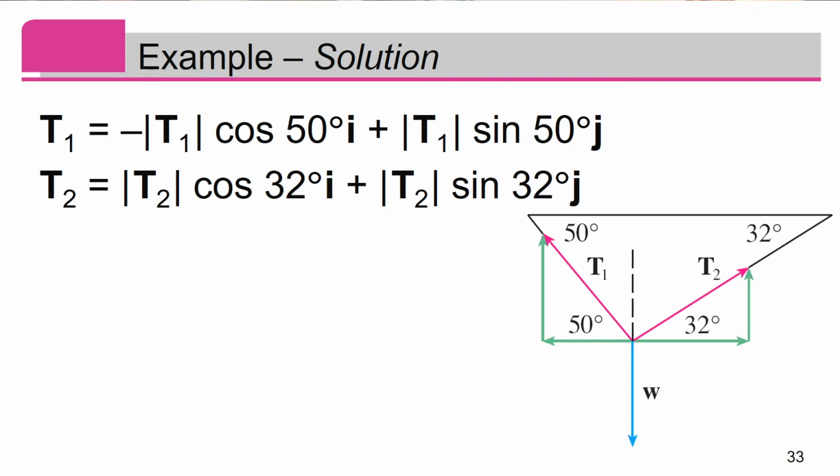So the x component is the magnitude times the cosine of 50, and the y component is the magnitude times the sine of 50. We have a similar situation for tension 2. You're setting that up the same way with 32 degrees.